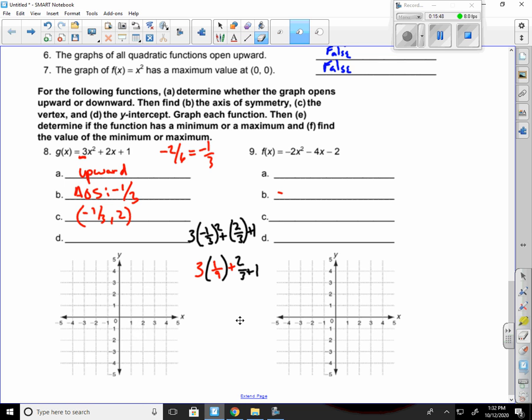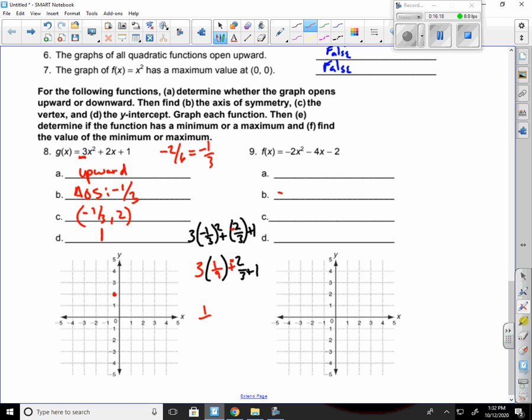Now, important lesson there. You know how I knew I had a problem? I knew I had a problem because my y-intercept is 1, which is less than my vertex. And I said this opens upward, so it should start at the point negative 1/3, 2 and go upward. So if I found a y-intercept of 1, that's clearly an issue. It came down to the fact that this should have been a negative 2/3.